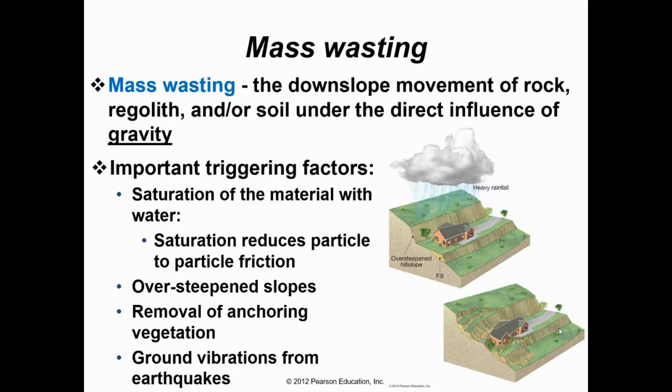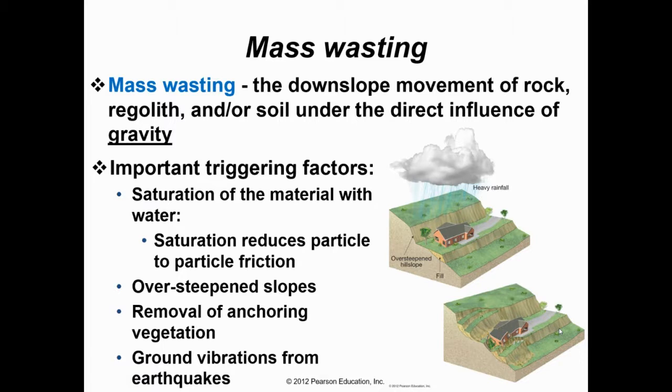So some of the most important triggering factors that will trigger mass wasting, I'd say the most important factor is water saturation. So typically when soils become oversaturated, what happens is the individual soil grains are no longer in direct contact with each other.